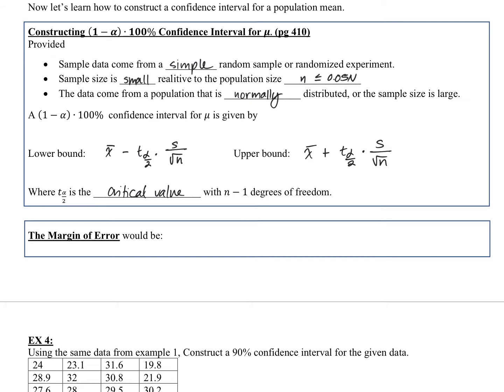All right, and one thing to note, the margin of error for constructing confidence intervals about a mean is going to be E equals t α/2 times s divided by square root of n.